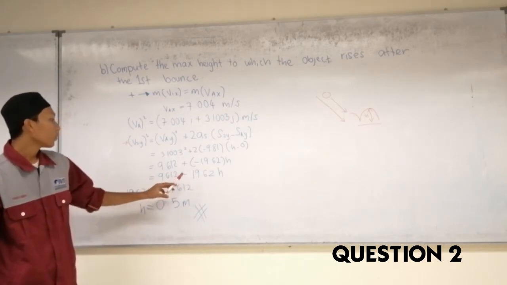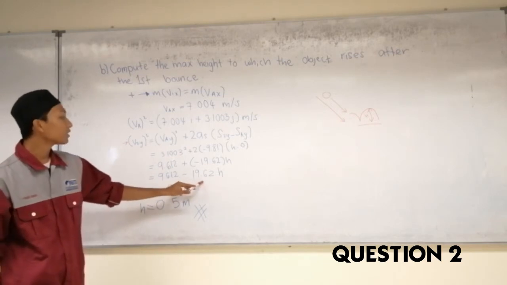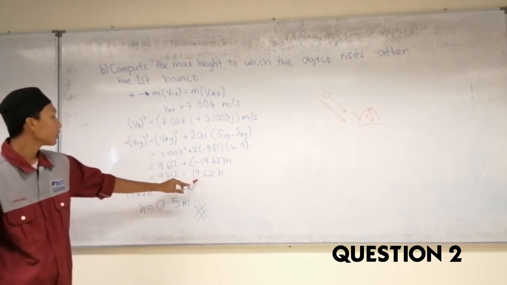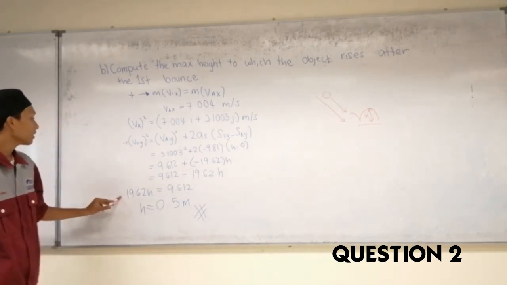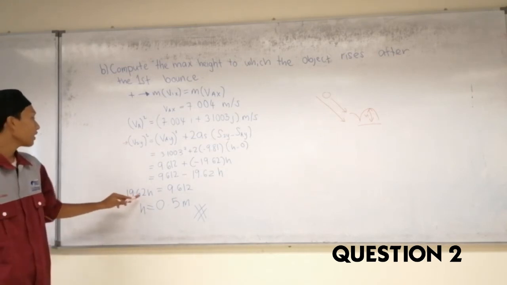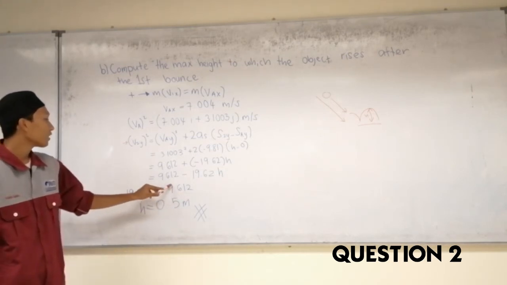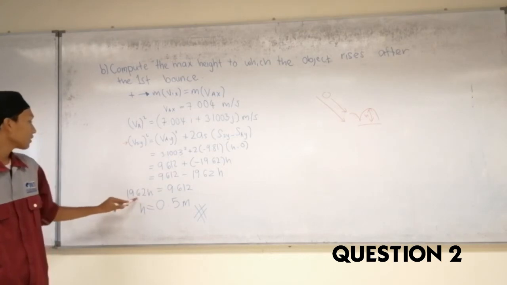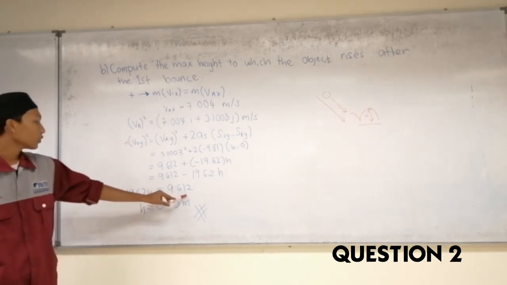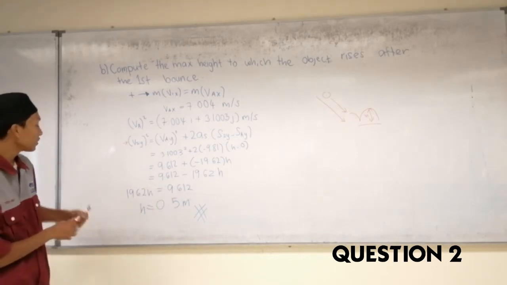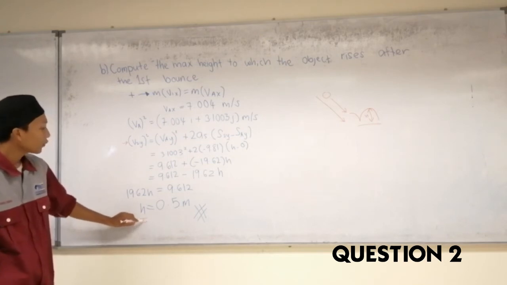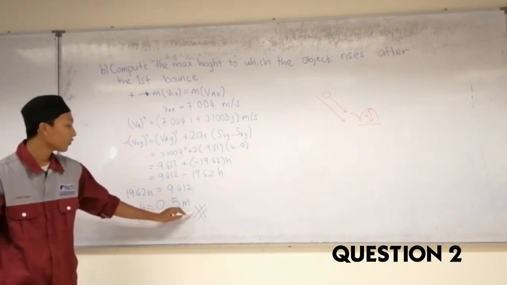Then we move negative 19.62H to this side, and divide 9.612 by 19.62, and we get H. The H that we get is 0.5 meter.